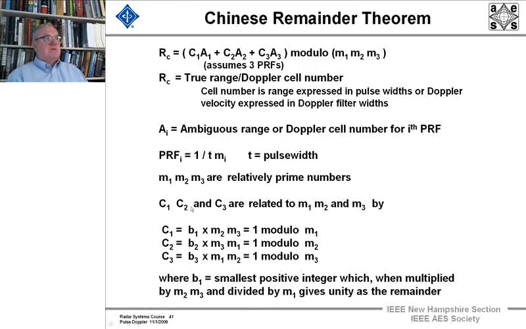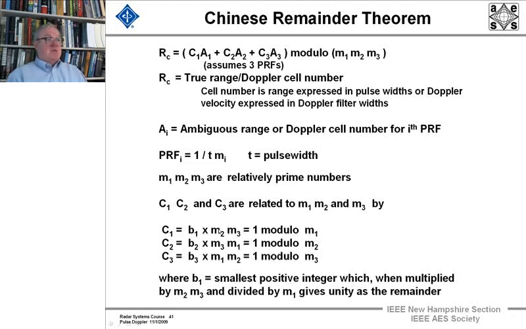The C1s and the C2s and the C3s are related to M1 and M2 and M3 by the constant C1 equal to B1 times M2 times M3, equal to 1 modulo M1, where B is the smallest integer which, when multiplied by M2 times M3 and divided by M1, gives unity as a remainder.